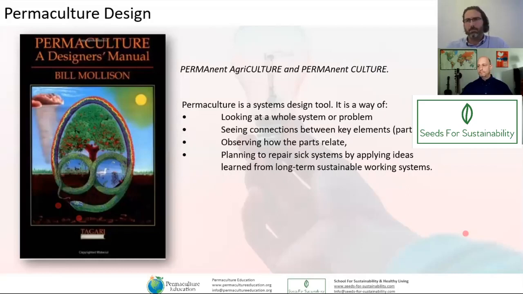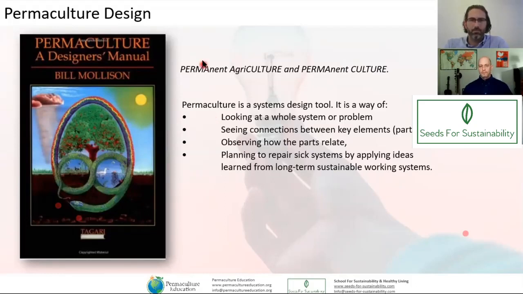Permaculture is a systems design tool. Now, you can see in this list here on the presentation that there are some similarities with systems thinking and design thinking. And basically, we're talking about an evolution of design thinking through sustainability and through to permaculture design.